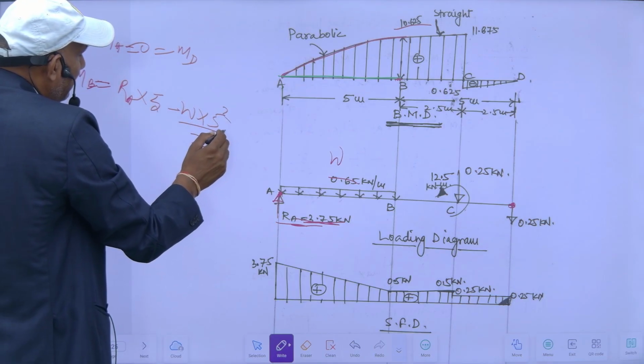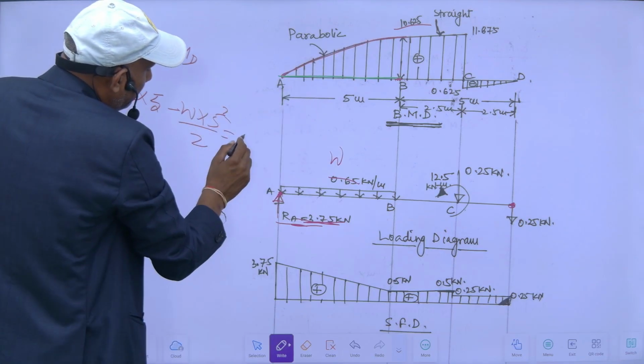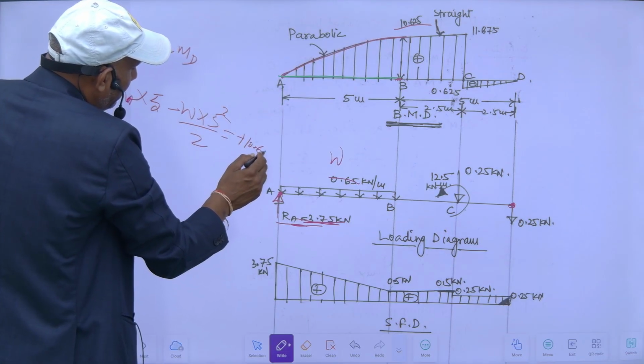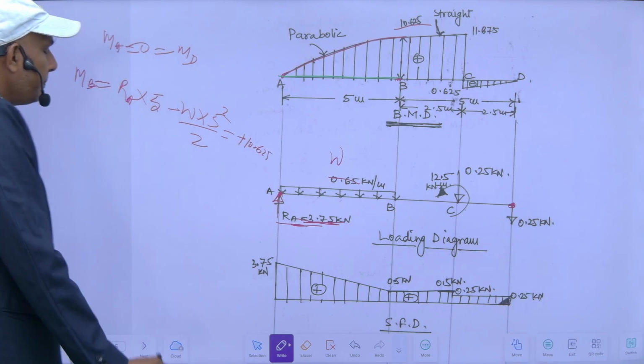That bending moment will be equal to plus 10.625. So this is one equation.